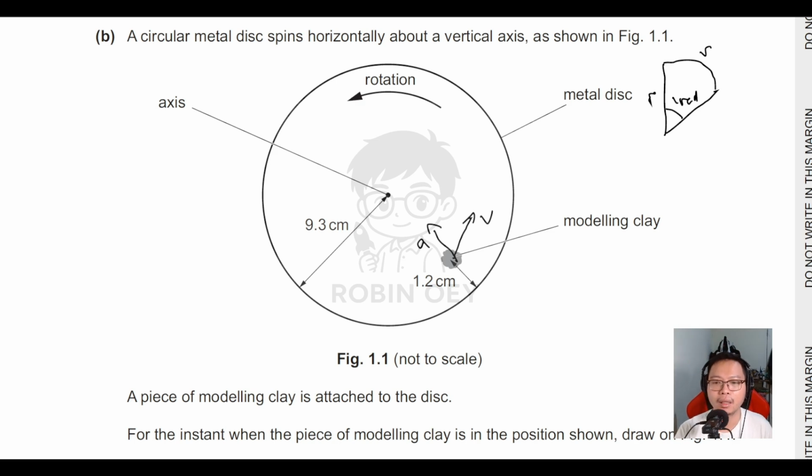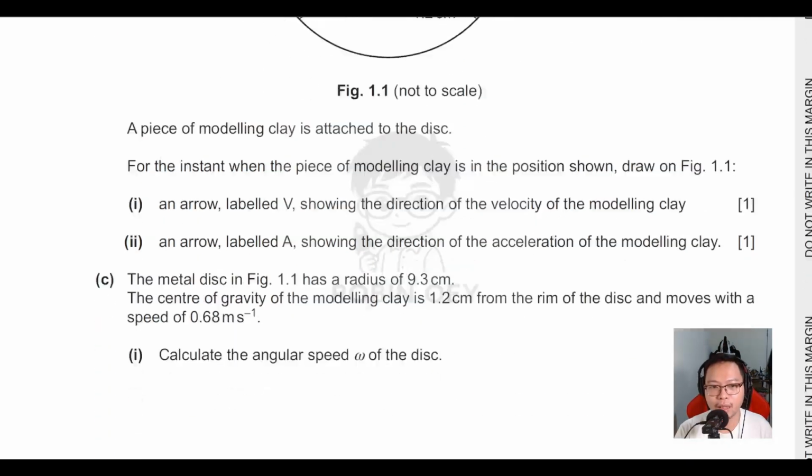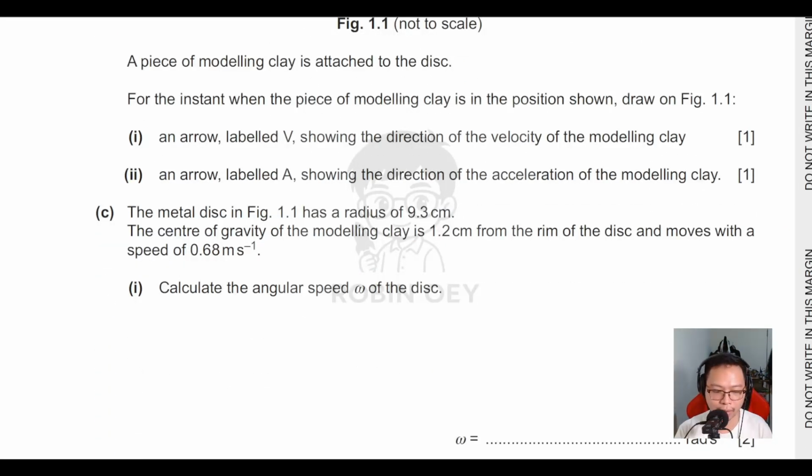Okay, that is B. C, angular speed. Angular speed would be omega, that is equals to V over R. Okay, so we have the V 0.68 and then the radius.